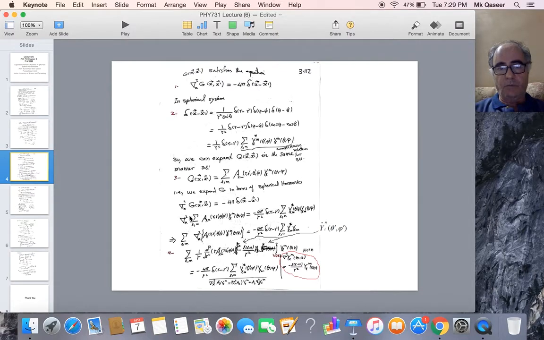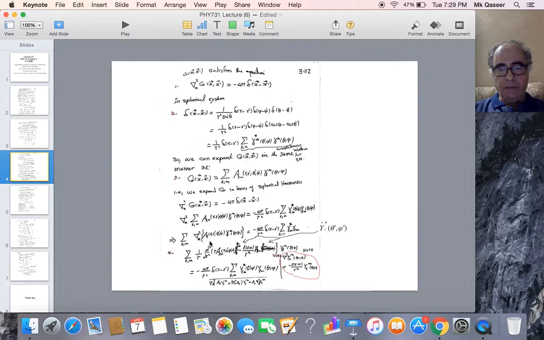Now we have this expression for this equation number 1. Now we have to operate on the right side by the Laplacian, which is the derivative with respect to the vector x. Now this is equal to the Laplacian of this term times Y_lm plus this term times the Laplacian of this term. This is the expression I used.